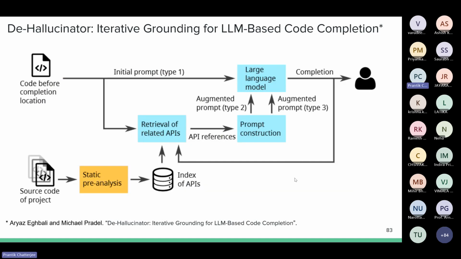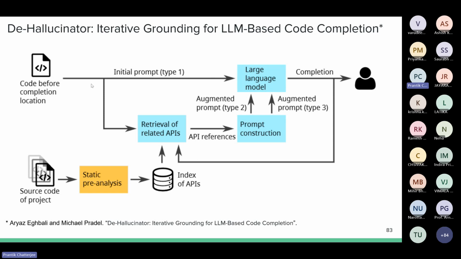This paper proposes one approach. Before even going into this prompting business, they have the source code of the project, and from the source code, they do some static pre-analysis. In the pre-analysis phase, they basically index all the API calls that exist within libraries. They are essentially extracting all the function calls and storing them in a database.